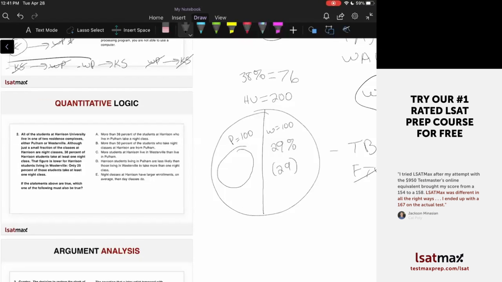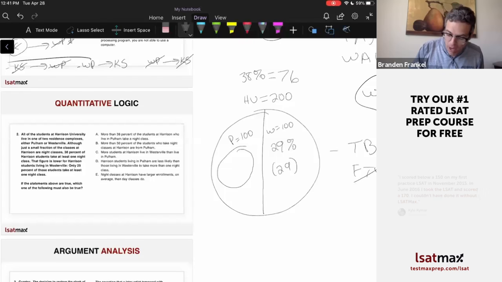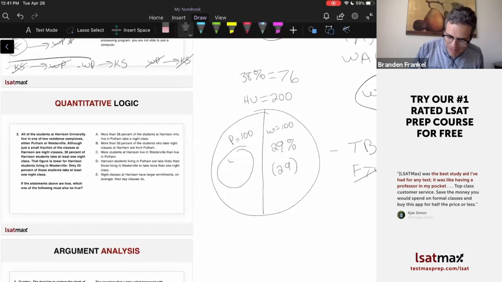I know that we can figure it out by subtracting 29 from 76. I just don't know what that is off the top of my head. So I did it beforehand, and it's 47. So this is what must be true.